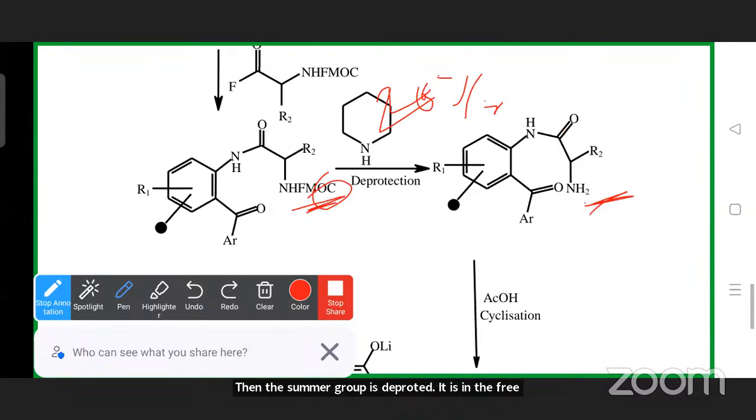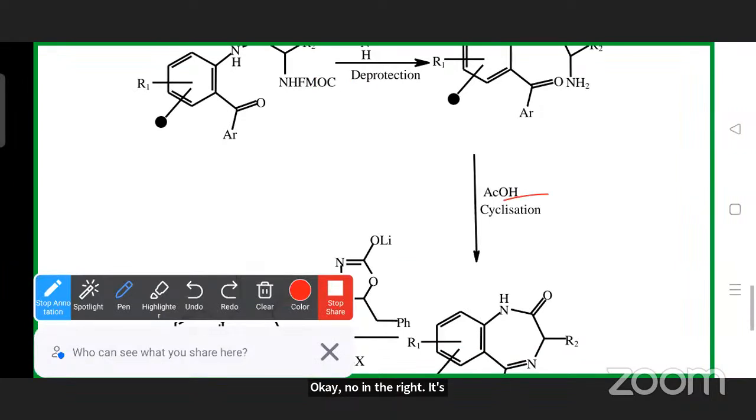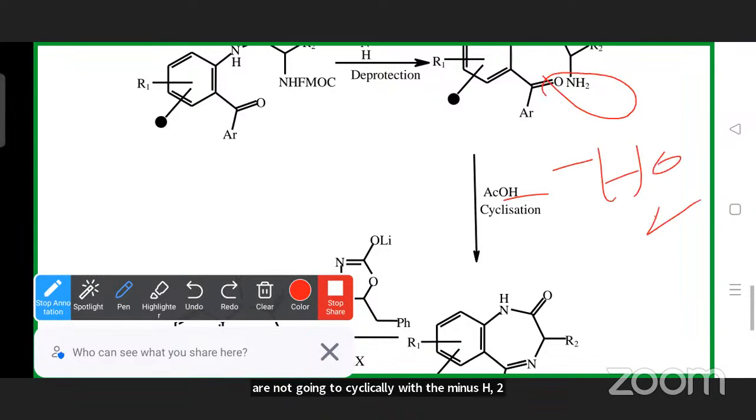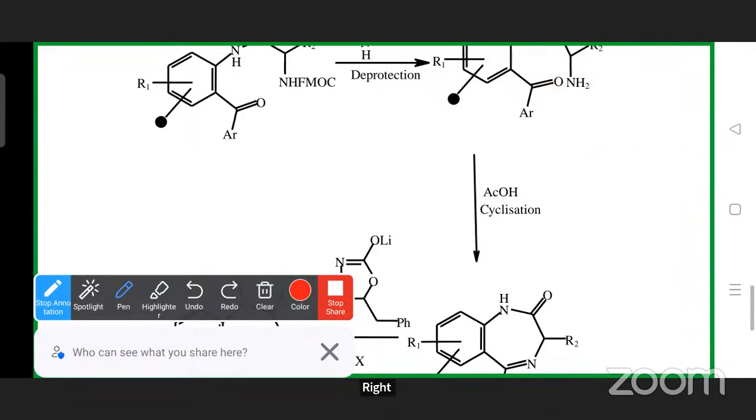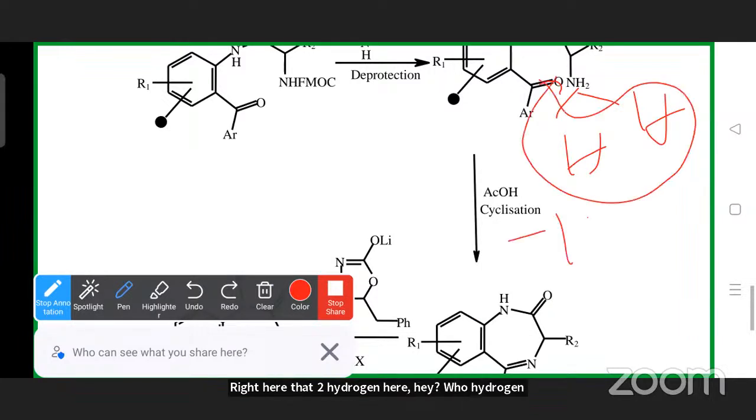Now, in the presence of acetic acid, this is undergoing cyclization with the loss of H2O. The two hydrogens here and this oxygen are removed as water.